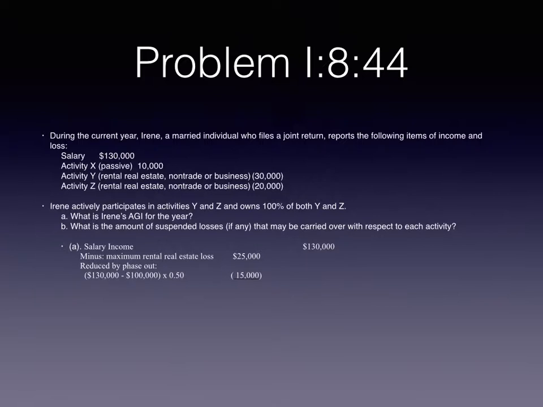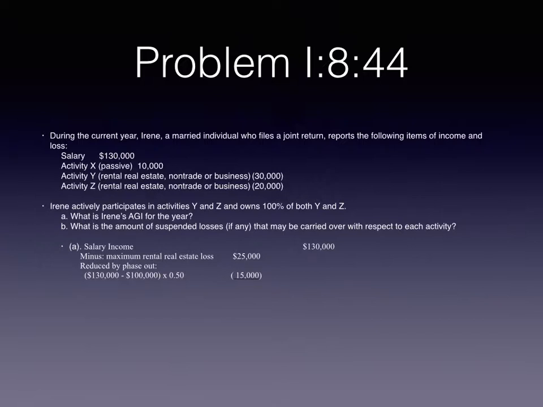for each dollar above and beyond that, you're going to multiply that by 50%, and that will be a reduction of that max rental real estate loss of $25,000. So in this case, you had $30,000 more than the $100,000 threshold. 50% of that is $15,000.